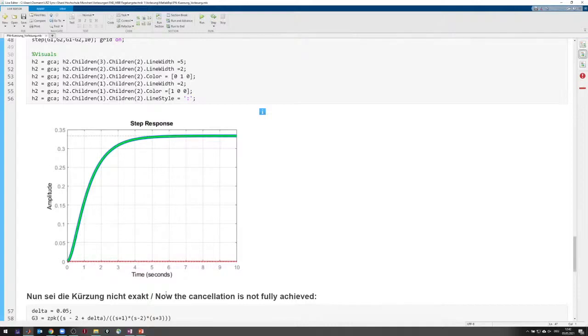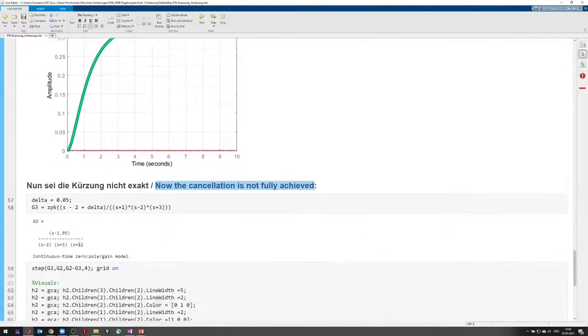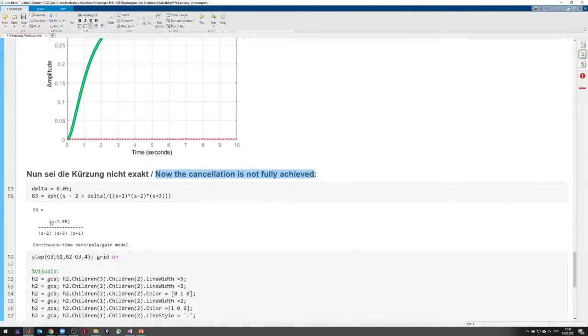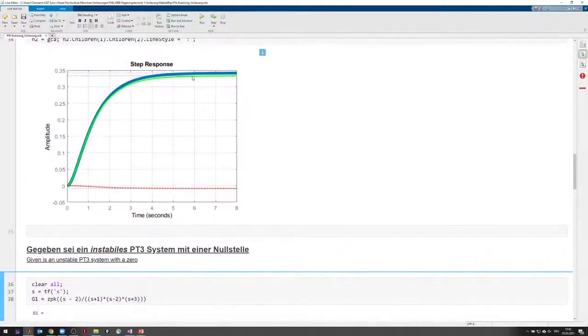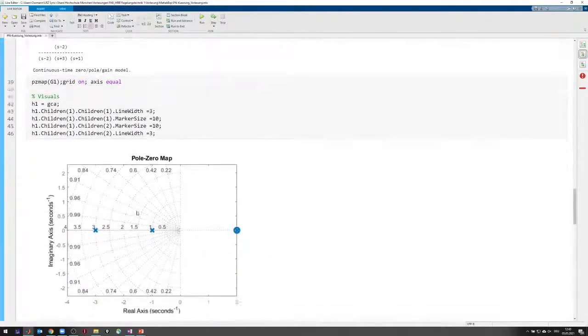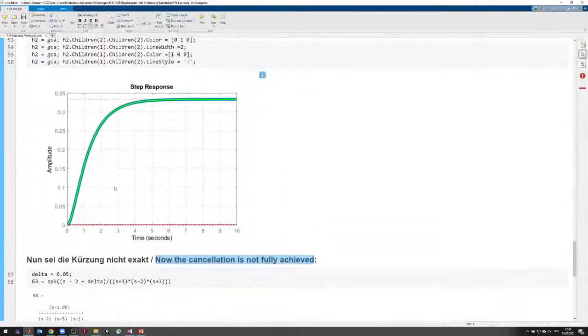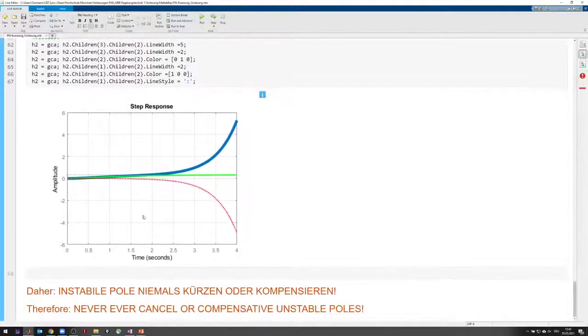But now let's assume it's not fully exact. Let's assume our zero here is 0.05 off. And remember what happened in the stable case: we said we can live with that, a couple of percent off. We can still work with the green model, and we just need to make sure that our controller is robust. Now, if you do the simulation with this a little bit off, you see the following.